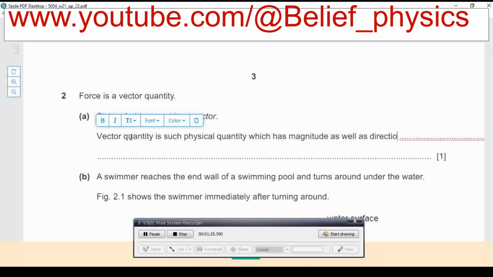So if a quantity has magnitude and direction also, then such physical quantity is known as a vector quantity. If you write this, you will earn 1 mark for this. That's it.